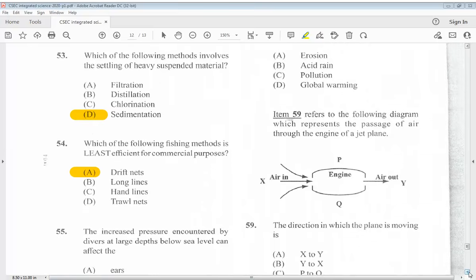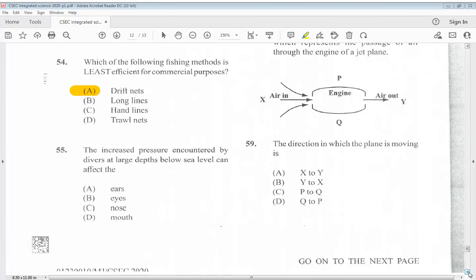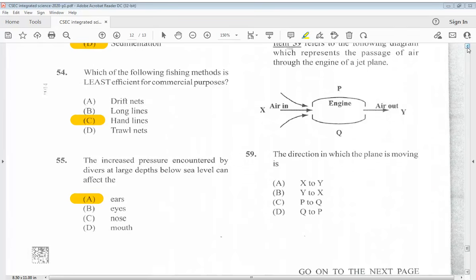Let's go to 55. The increased pressure encountered by the divers at large depths below sea level can affect the, we know it's, sorry, I said 54A, sorry, that's incorrect. Answer for 54 is C. And the answer for question 55 is A. Let's go to 56.